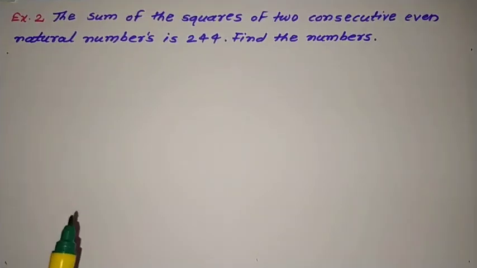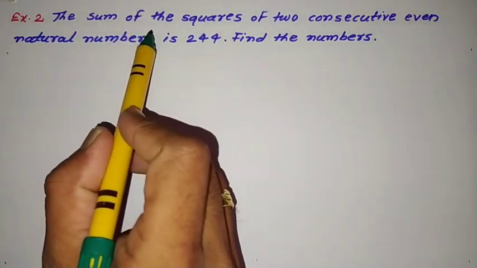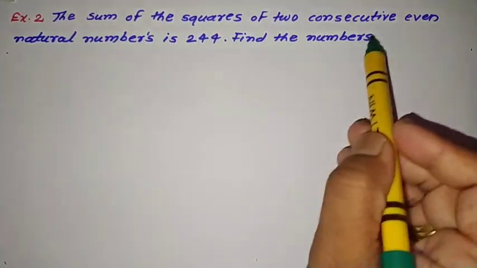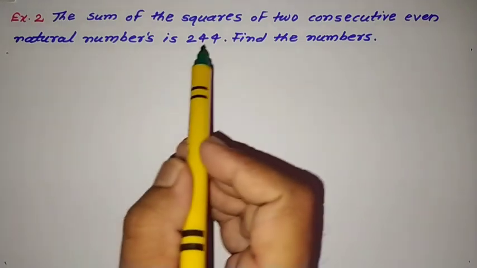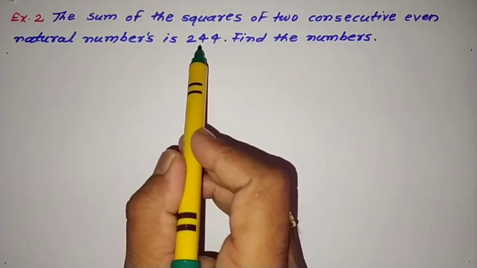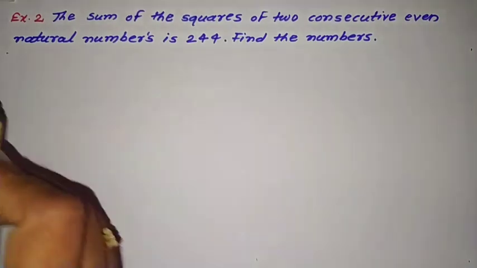Let us see next, example number 2. The sum of the squares of two consecutive even natural numbers is 244. Find the numbers. Solution.